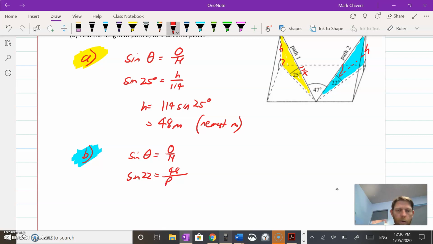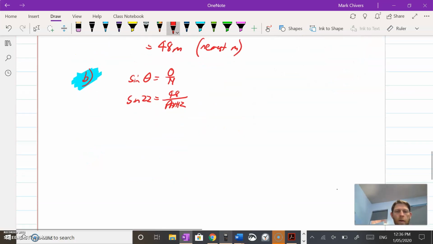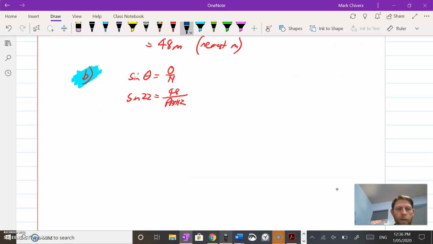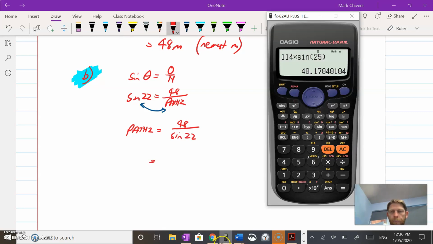So I'm just going to say path 2. Once again, this is one of those situations where we can flip the bottom around, and so we're going to end up with path 2 equals 48 over sine 22, and so we put that into our calculator.